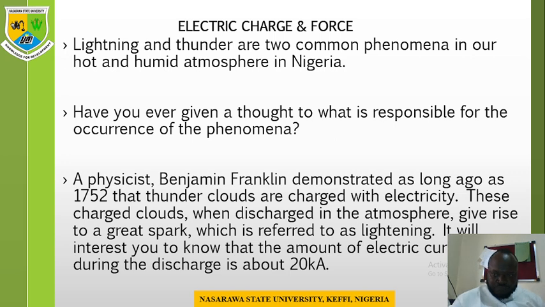These charged clouds, when discharged in the atmosphere, give rise to a great spark, which is referred to as lightning. It will interest you to know that the amount of electric current during the discharge is about 20 kilo ampere, that is 20 times 10 to the power of 3, which is approximately 20,000 ampere.